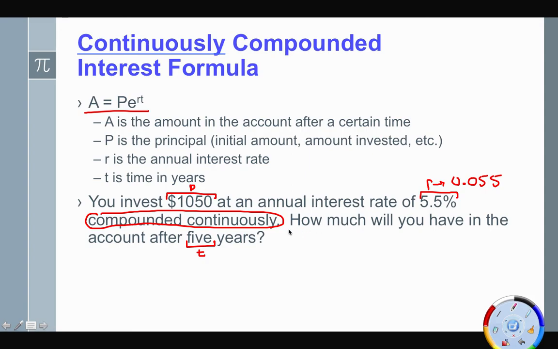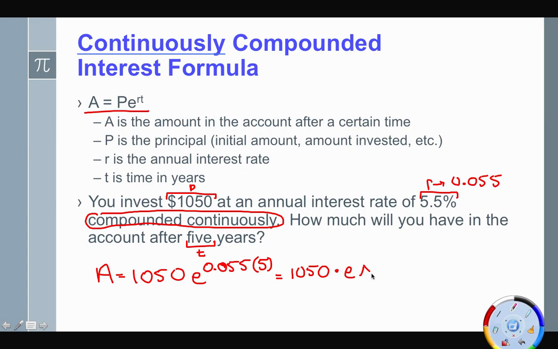That means we're going to figure out how much you have in your account. So we're going to say A equals 1050 times e to the power of 0.055 times 5. I do want to mention, if you are typing this in your calculator, you will want to do something along this line. You can actually write 1050 times e.